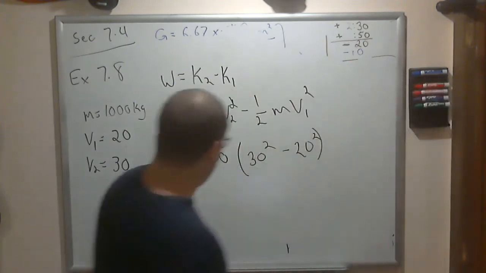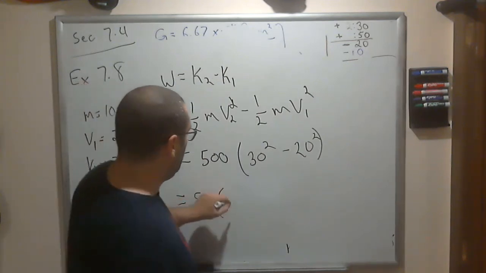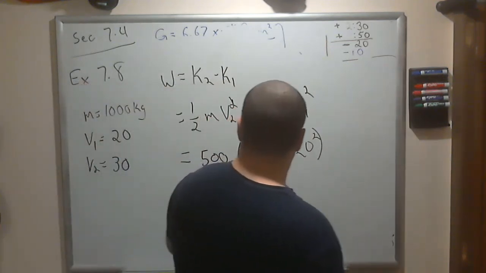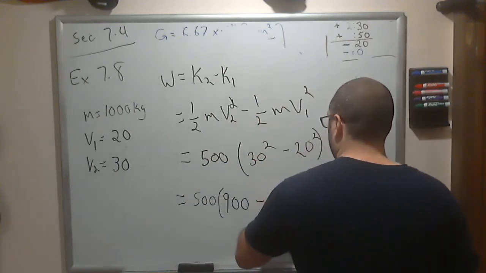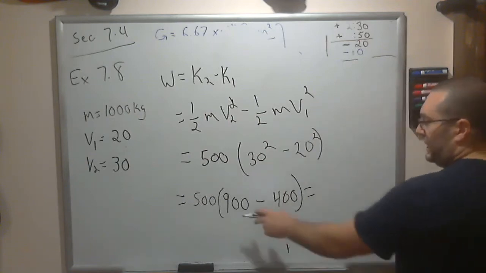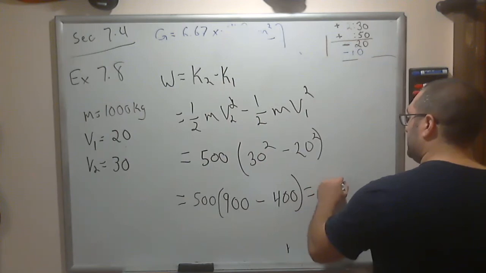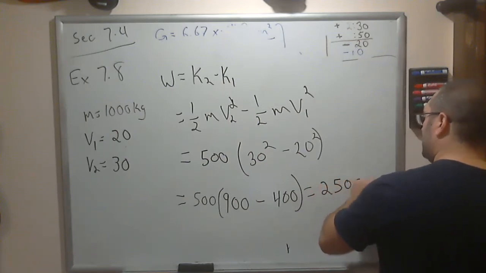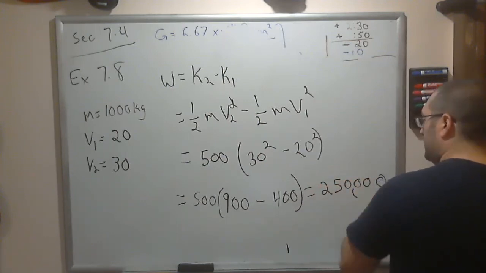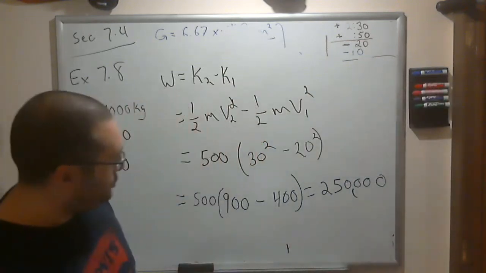Right? So we get 500 times 900 minus 400, which is 500 times 500, or 250,000 joules, right?